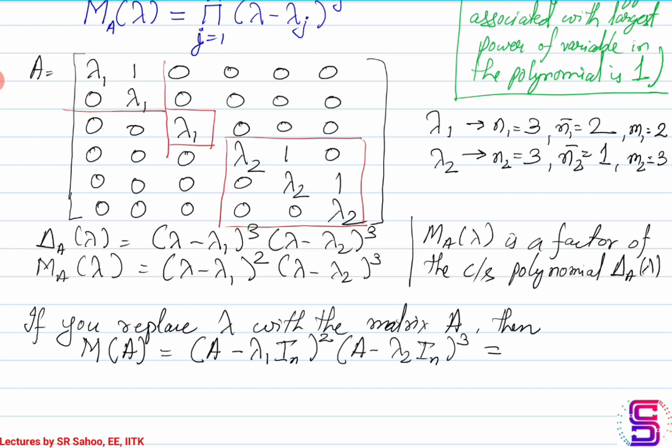So this is what you actually get. Okay, replace lambda with A, then the MA polynomial is essentially a matrix polynomial now, and you get this.